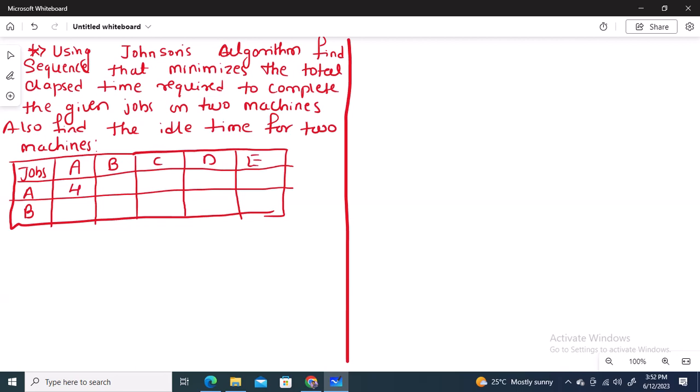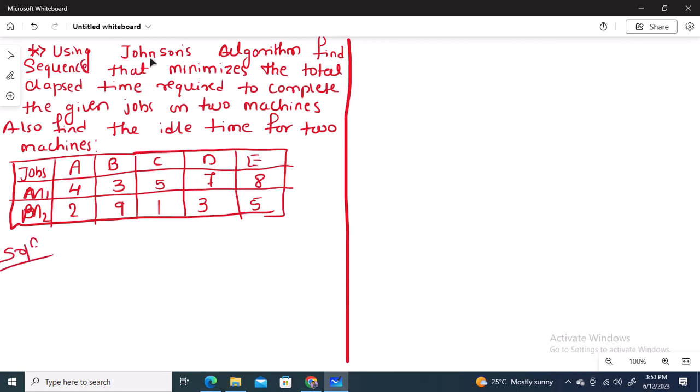Since I used these letters, I'll take the machines as M1 and M2, machine 1 and machine 2, because here I'm also taking A, B, C, so it may create confusion. That's why these are jobs A, B, C and machines M1 and M2. The times are 4, 3, 5, 7, 8, then 2, 9, 1, 3, 5. Okay, this is the problem.